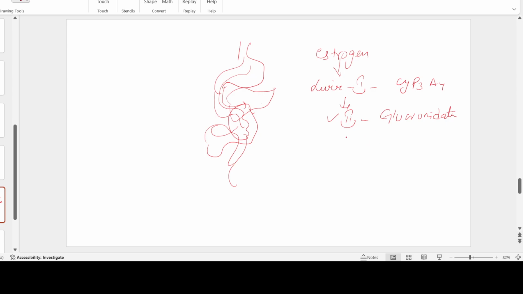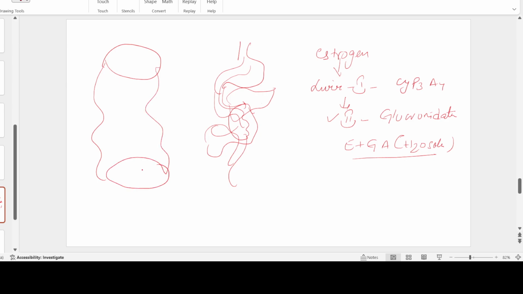At the end of phase 2, this estrogen with the glucuronide is water soluble. If you observe carefully, I have taken a section of the intestine. After the liver, after glucuronidation, this estrogen binds with glucuronic acid.